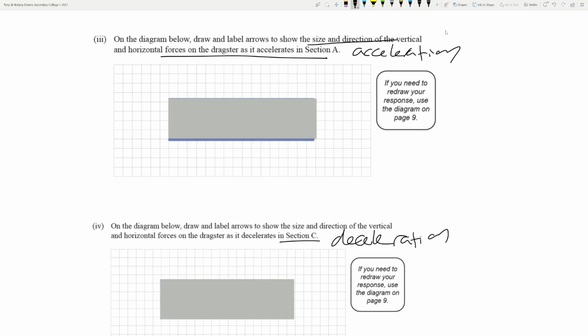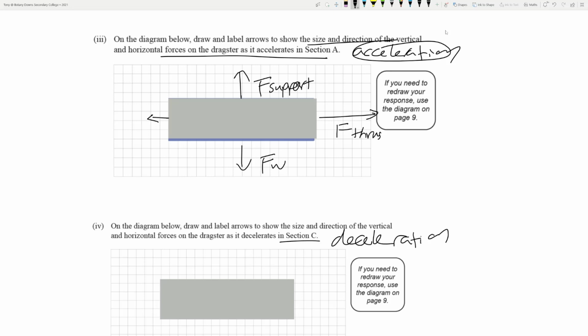You need to remember the four forces that act on the object. You're always going to have these two. Make sure they're about the same height, because they cancel each other out. This is the amount of support that you get from the ground. This is the weight force due to gravity. Now, when it's acceleration, that means the forward force needs to be significantly bigger than the reverse.